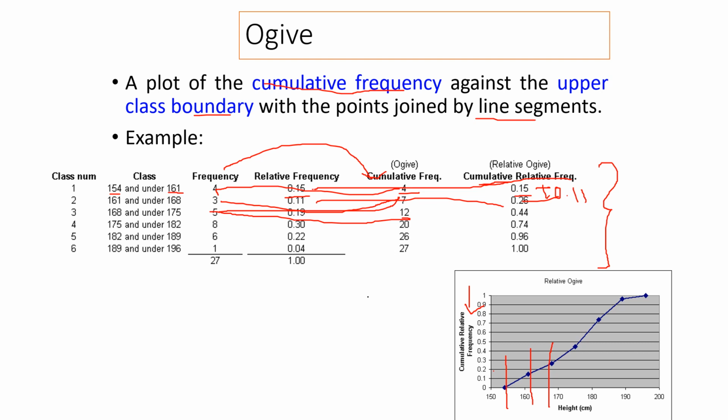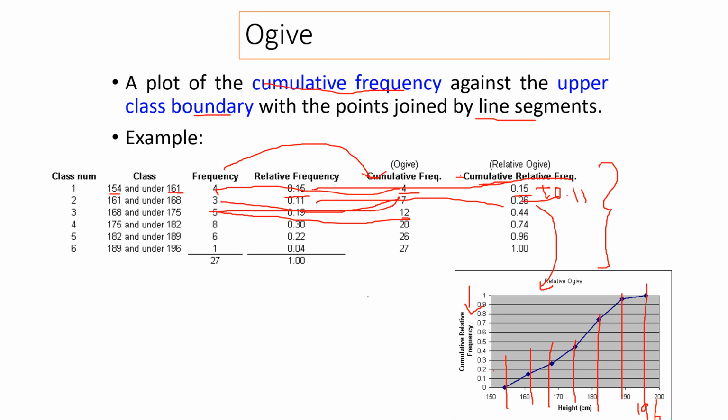So 168 until around 0.75 in here, 0.52 in here, and 0.189, right? 179 and 196. So plot the values from this data, the relative OGIVE. Normally it increases, because it is cumulative.